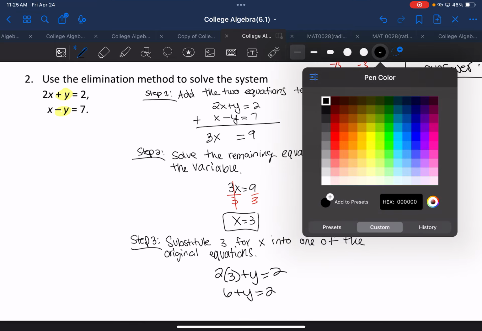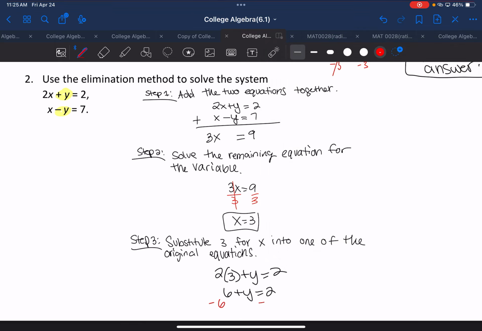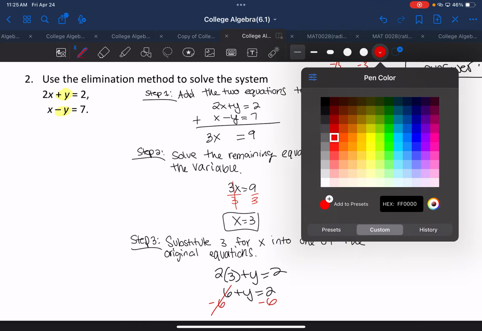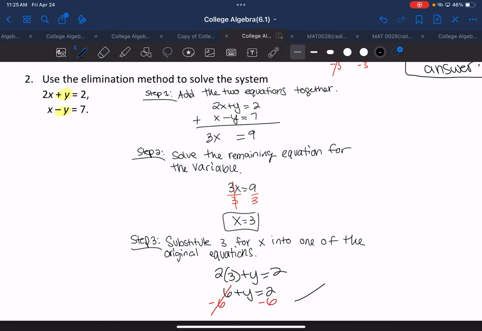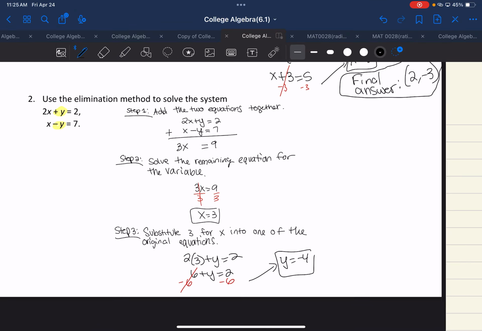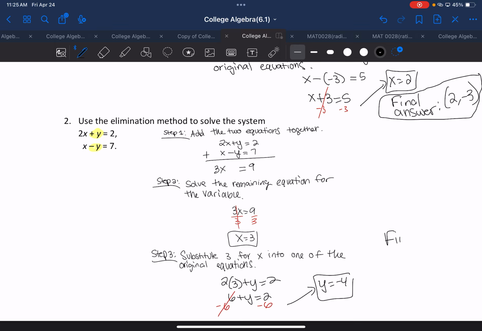Subtract the 6 over. So y is equal to negative 4. So my final answer is the ordered pair. The x has to come first, so that's 3, negative 4.